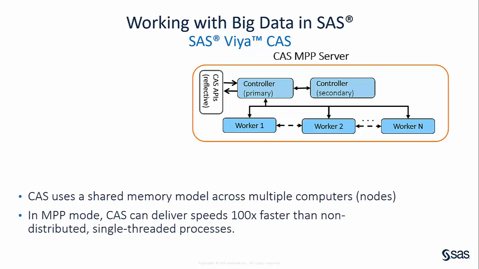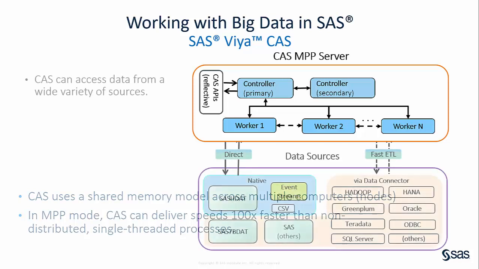You can load some pretty stinking big data into memory, and you can load more than one data set at once and persist it there. In MPP mode, SAS frequently delivers speeds 100 times faster than any other process that you can come up with.